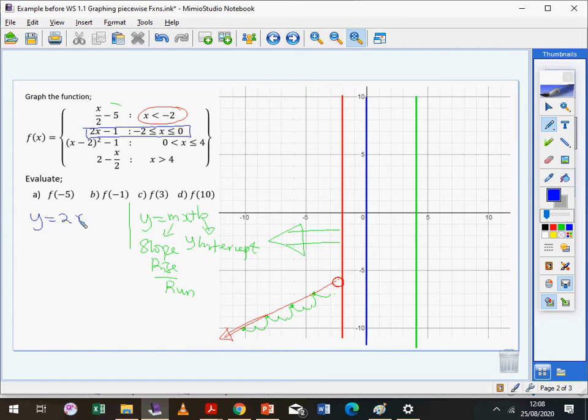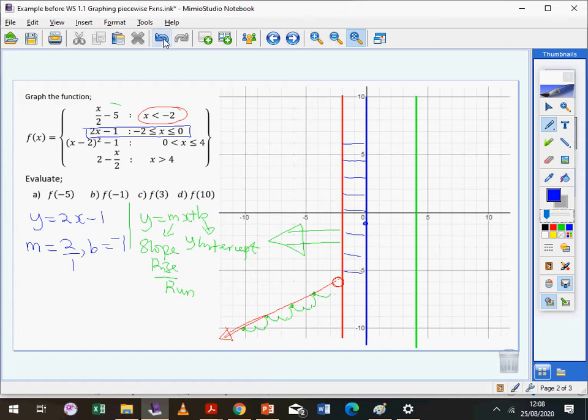I hope you can see that the slope is 2 and the y-intercept is negative 1. Slope is 2, same thing as 2 over 1. So if I find the y-intercept, which is negative 1, right here, that graph is only existing in this portion of the domain.